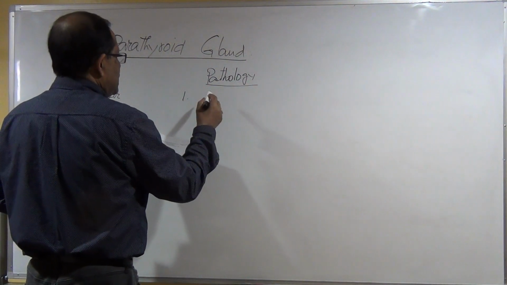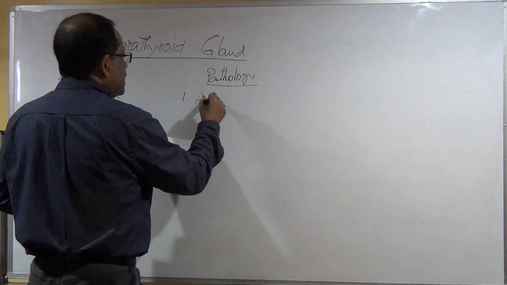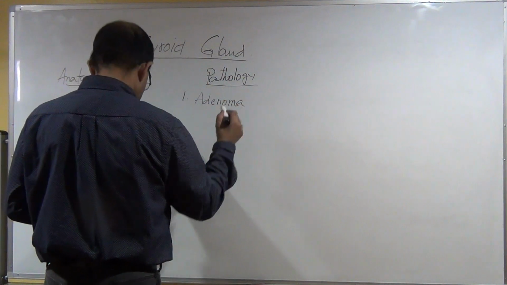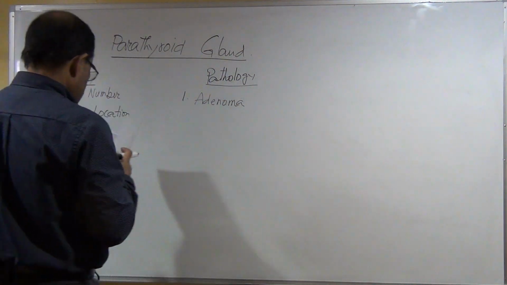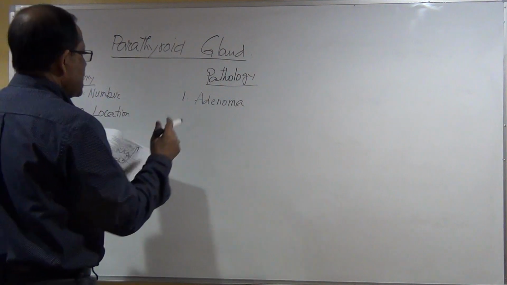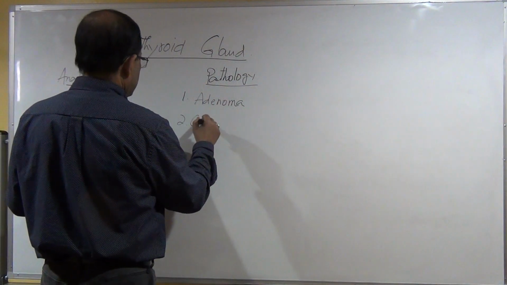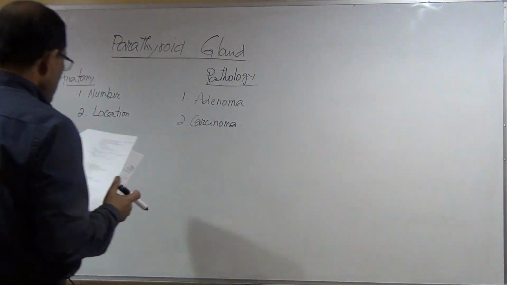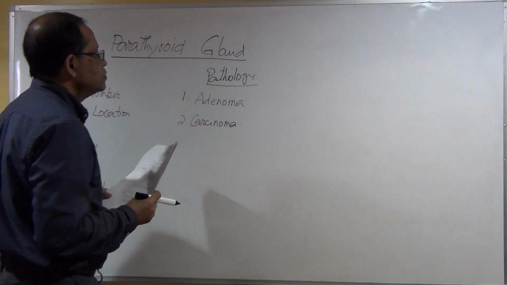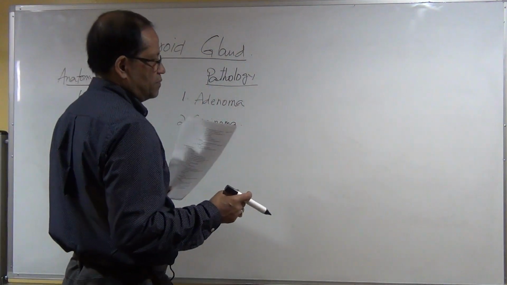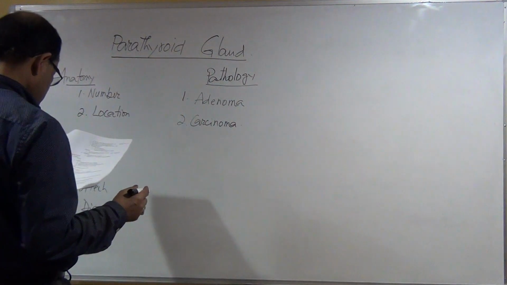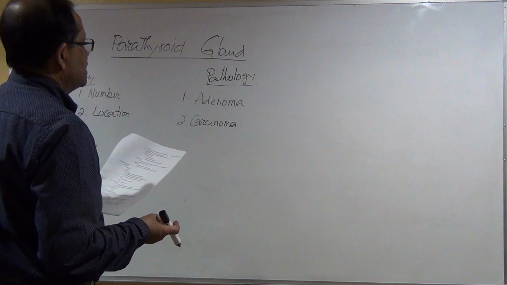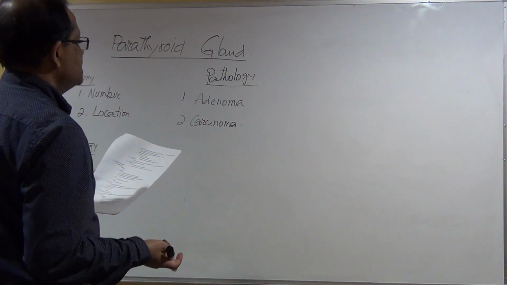Number one, adenoma, and carcinoma. So adenoma comes from the normal functional tissue of the parathyroid, which is a glandular endocrine gland and has glandular cells.